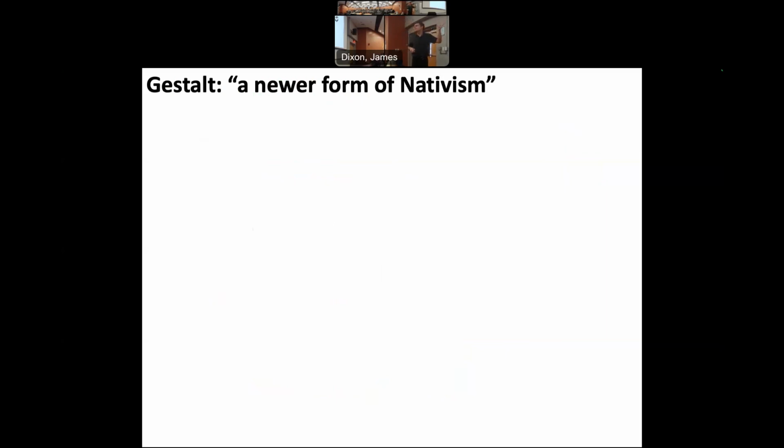So one way to think about Gestaltism, I'm not sure it's a very good way, but it's said a lot, so I'll put it up there, is that it was at the time another form of nativism, which is to say that you perceive things as you perceive them because evolution required you to. And you're carrying around that requirement in, we would say today, your DNA, and that has made you this way.